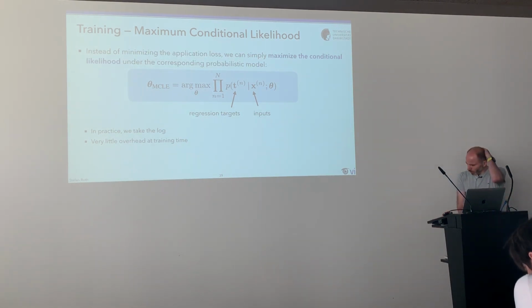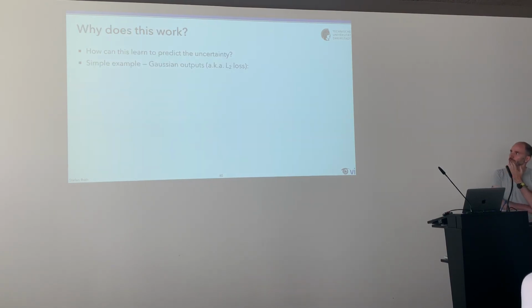Now you might say, well, hold on, why does that work, right? And we had earlier this question, how does the L2 loss relate to distributional assumptions on the output? So suppose you had Gaussian outputs with an L2 loss.